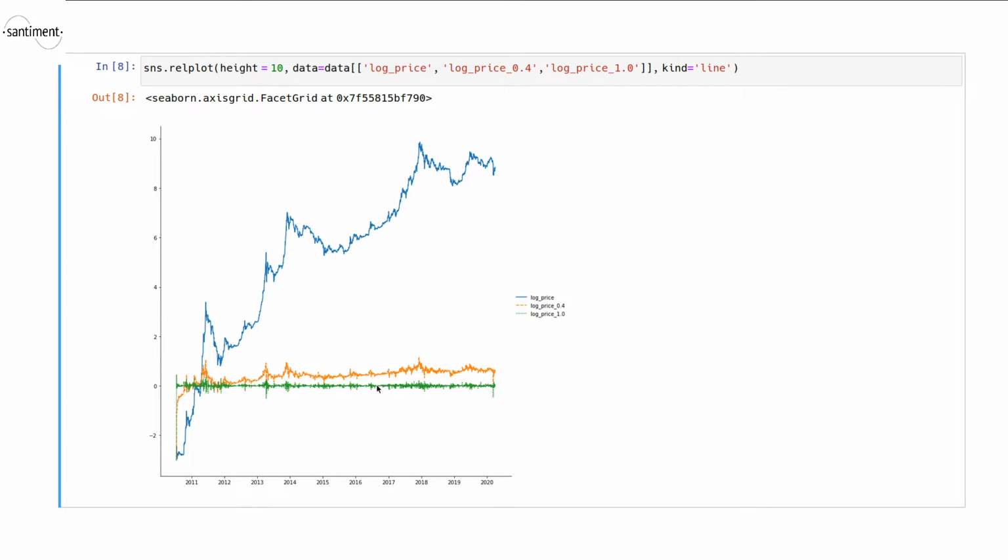And the orange line is what you get at level 0.4. Here you see that it looks to be kind of close to the returns, so it is somewhat stationary. But at the same time, it still contains some of the information that is contained in the original logarithmic price.